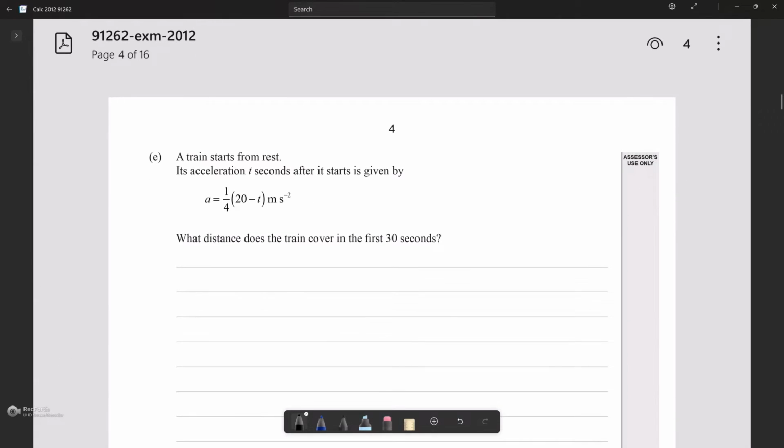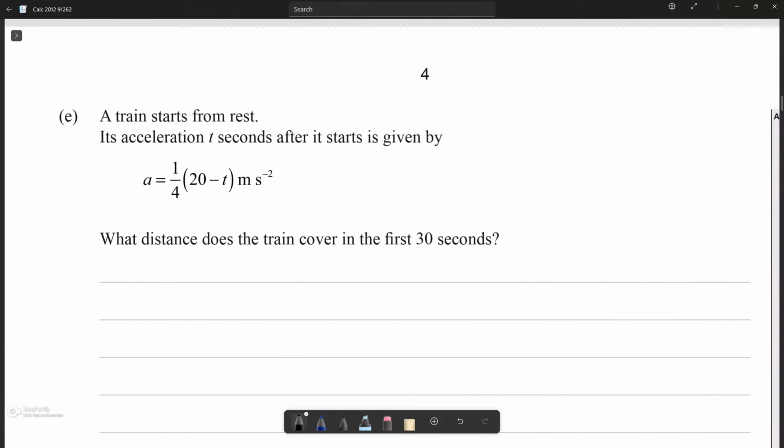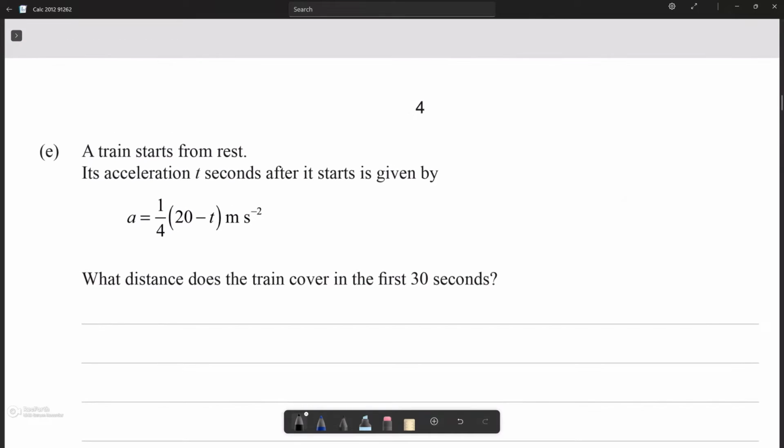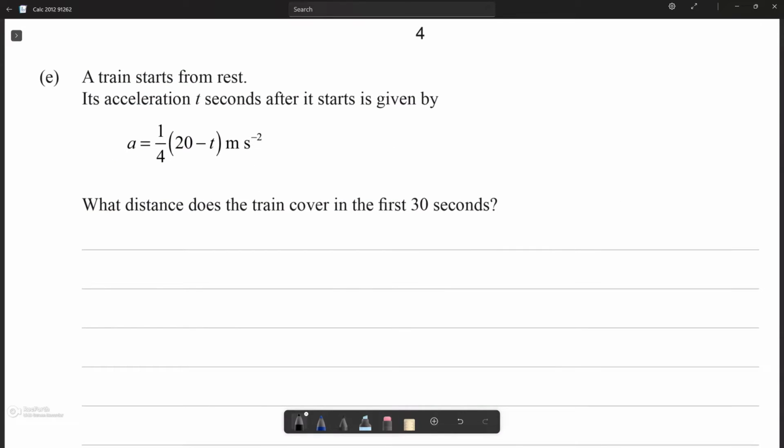And yep, moving on. A train starts from rest and its acceleration is given by... So first I'm just going to expand that. So a is equal to 5 minus 1 over 4t.